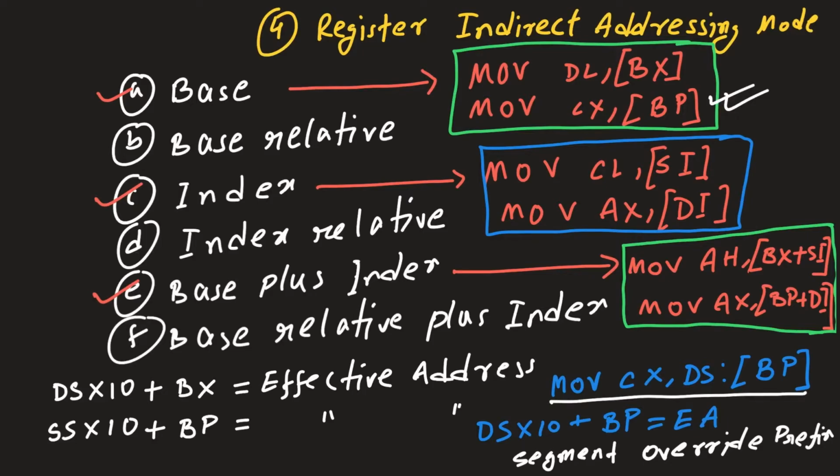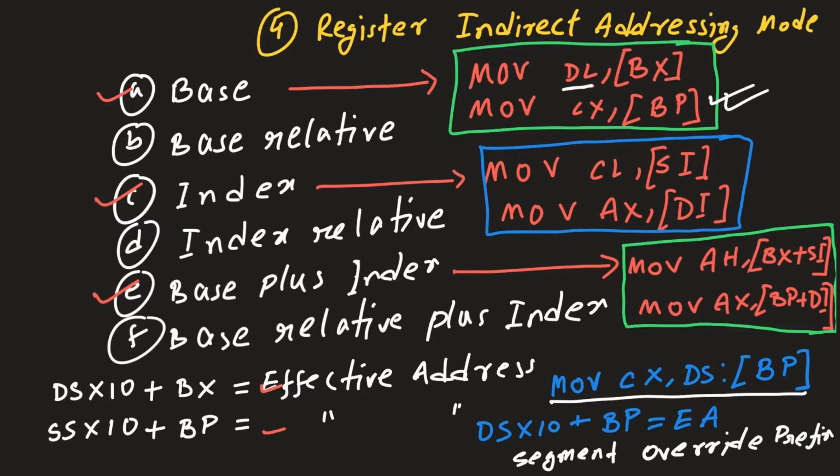Now after calculating the effective addresses, the content from that location will be transferred to the register which is mentioned as the destination. Now in the first case, the destination is an 8-bit register DL. So the content of that particular memory location will be transferred to DL.